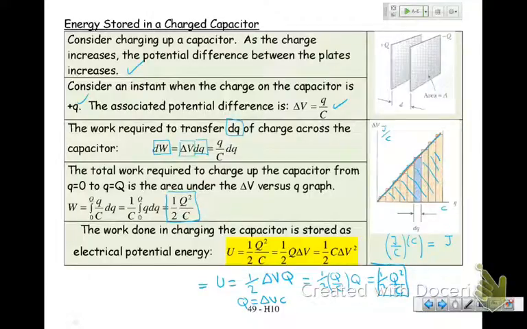And then on this side, I can say, oh, let's get rid of the Q. So this is a half times delta V times delta V times C, which equals 1/2 delta V squared times C. So I have three forms of the equation, and they are saying the same thing.